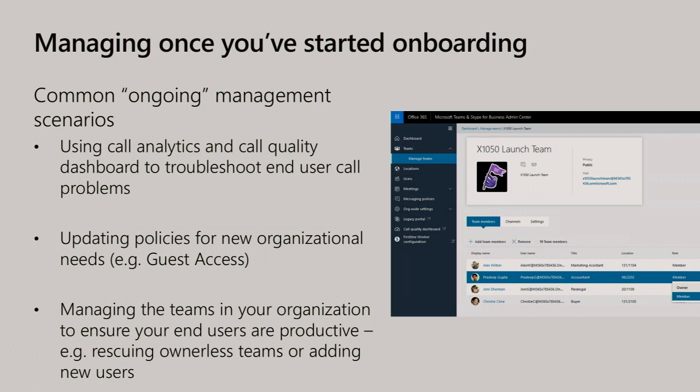Maybe collaboration with external vendors or customers becomes a critical part of your business. So now you can go back and enable that for your tenant. And finally, you can manage teams in your organization. This is something that we did in an example when we recovered an orphan team, so you are able to help your users if they need any assistance with their teams.